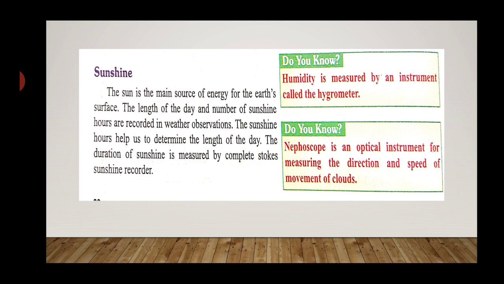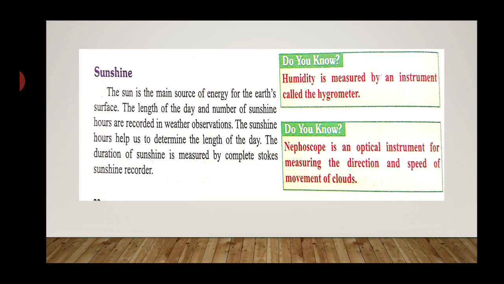In previous times, in villages or rural areas, people never had instruments like the hygrometer and barometer or other instruments to measure the heat or the length of the day. They never had clocks, so they used to observe the length of the day with the help of the brightness or the sunshine. With the help of sunshine we can also measure the length of the day.